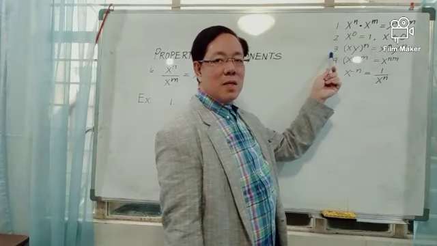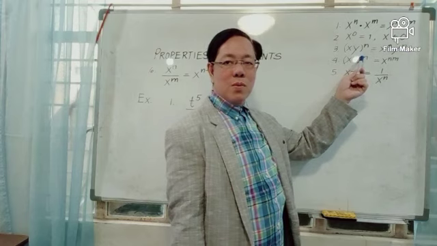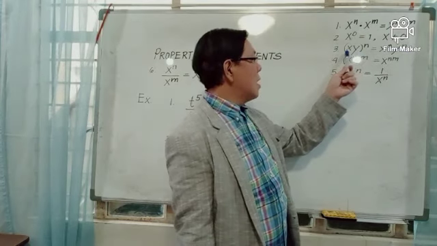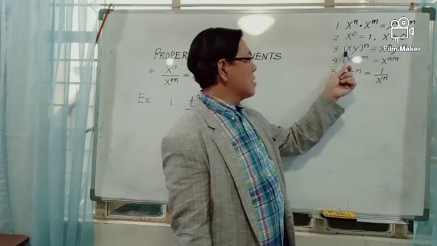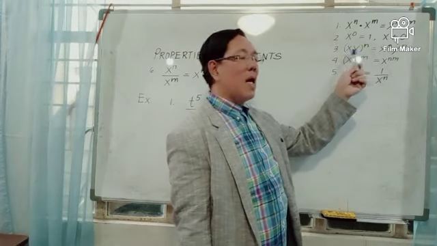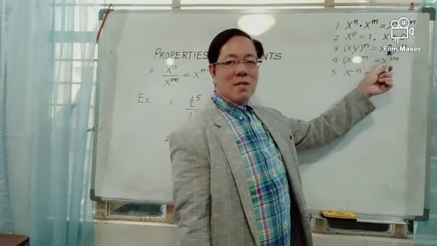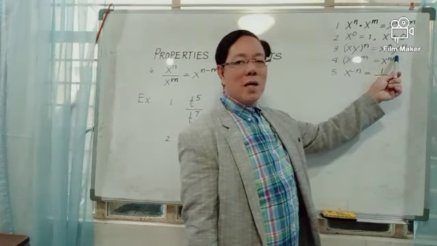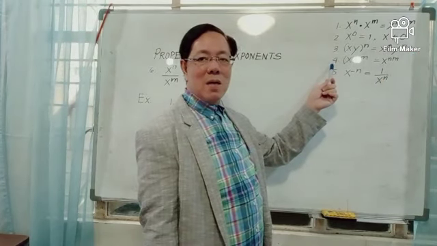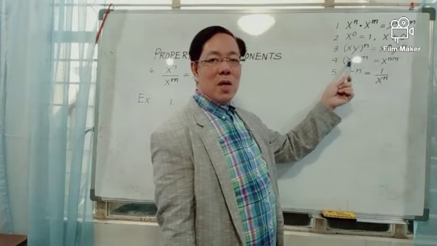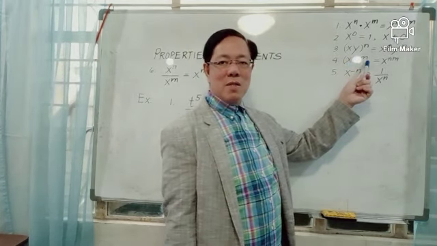In the third property, the base is a product of 2 variables, and their product is raised to an exponent n. And this product, xy raised to n, is equal to the product of x raised to n and y raised to n. In the fourth property, the base is raised to an exponent, and this base is raised to another exponent.